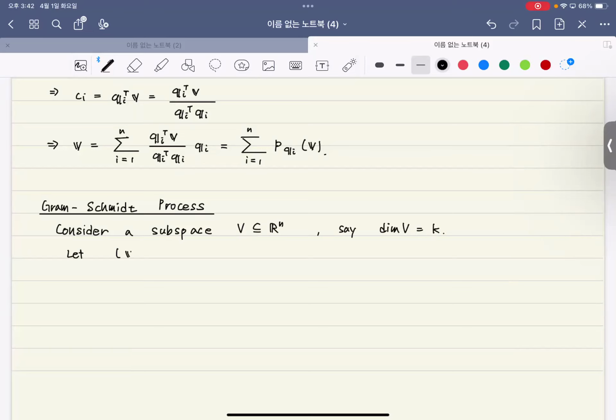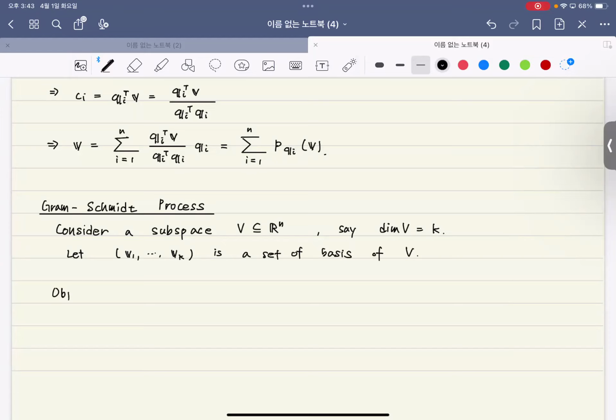And suppose that I have chosen some random basis for the vector space, a set of basis vectors B.